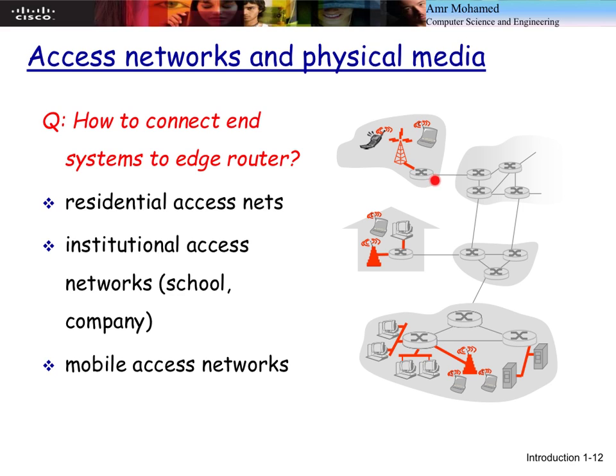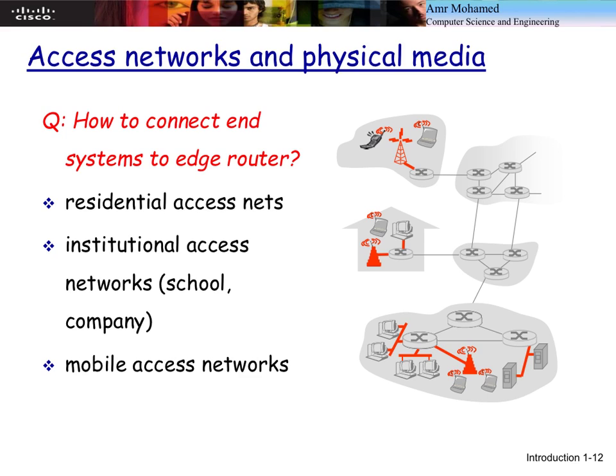So this is our entry point to the internet or to the core network. And the access network gives us an entry point to this core network, okay? And we said that these access networks use different technologies, and we can categorize them in three different categories.